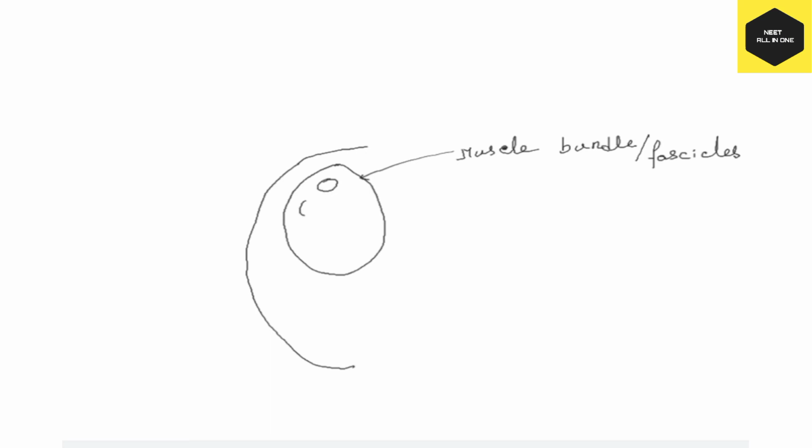Now imagine this to be a muscle bundle, which will have many muscle fibers. Muscle bundle can also be called fascicles. Now it will have many muscle fibers.